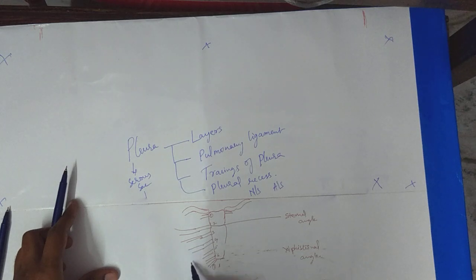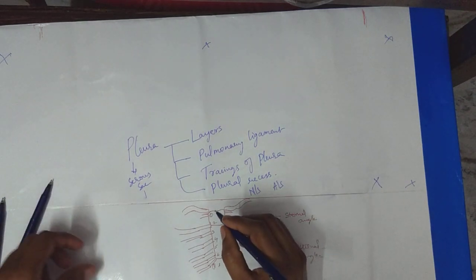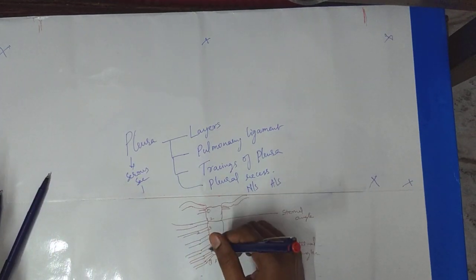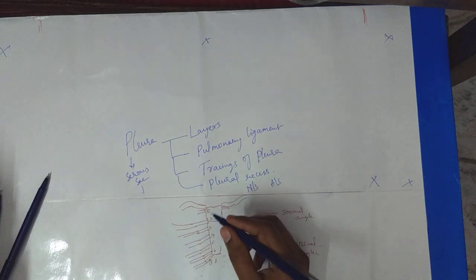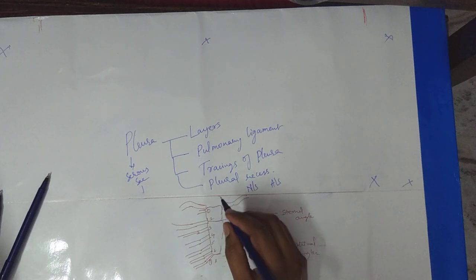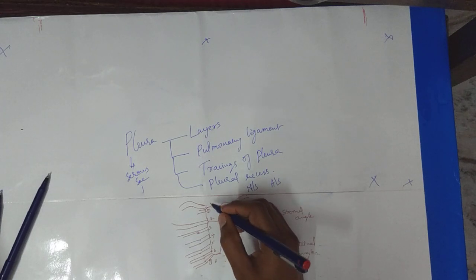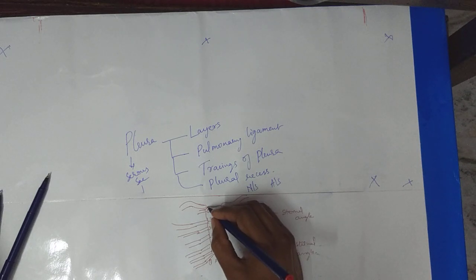Here we will be seeing the surface anatomy of the parietal pleura, the four types of parietal pleura: cervical, mediastinal, diaphragmatic, and the posterior lining where the mediastinal and costal pleura are shown. The first thing is the marking of your cervical pleura, on both the right and left. You need to know two points.